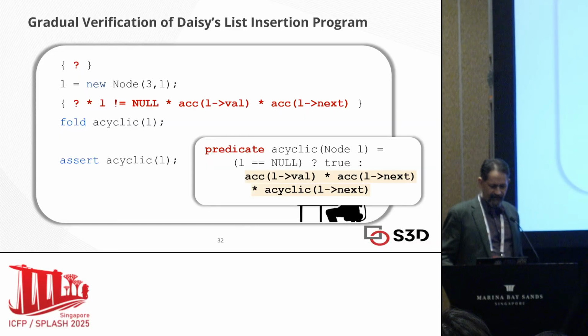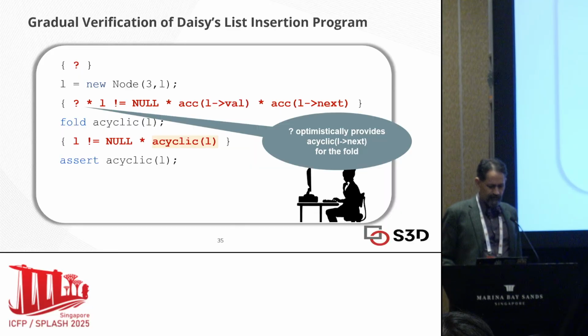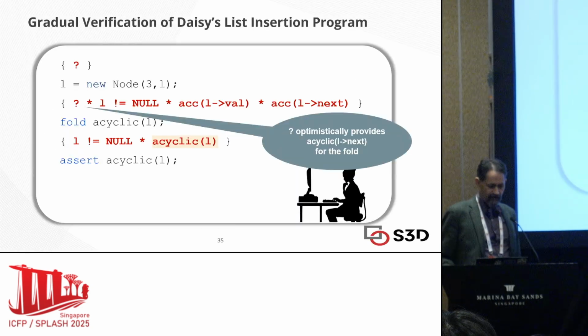So we're in that second case of the acyclic predicate, but we don't have acyclic of L.next, right? But the nice thing is that we can get that from the question mark, right? So the static prover is going to optimistically assume that we know acyclic of L.next, so we can do this fold successfully and finish our code, right?